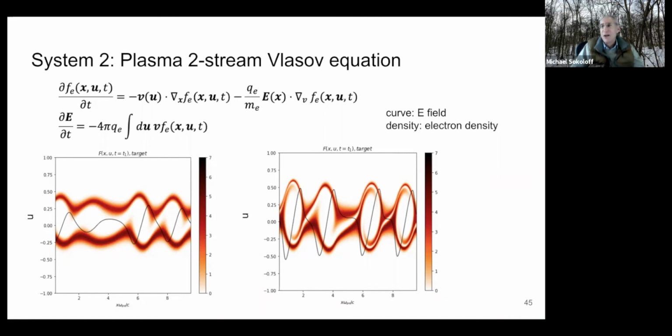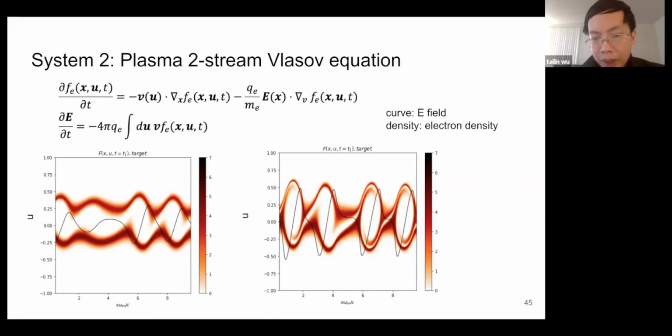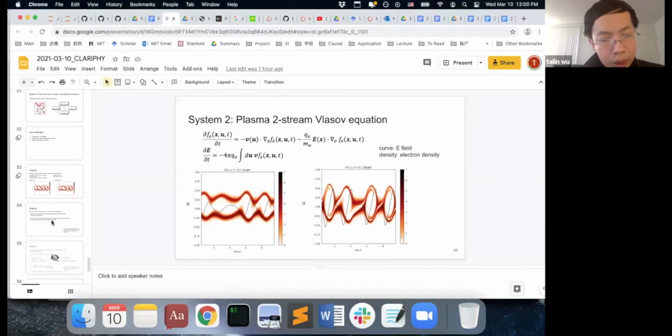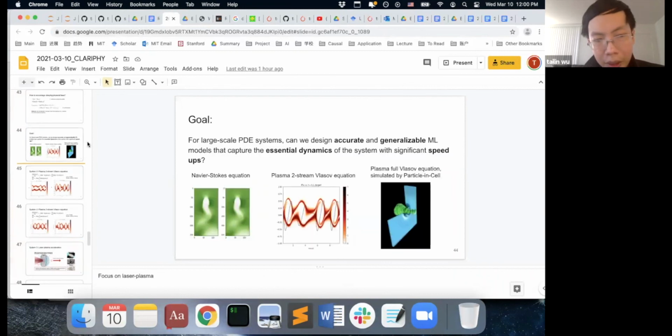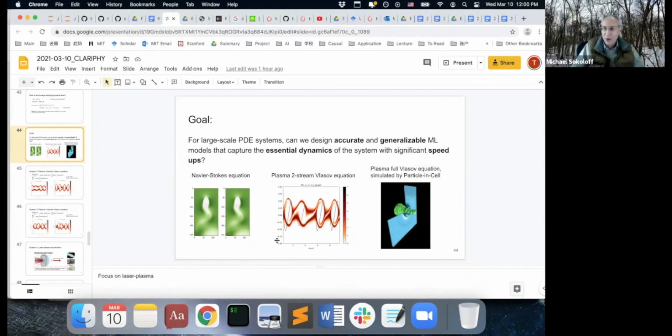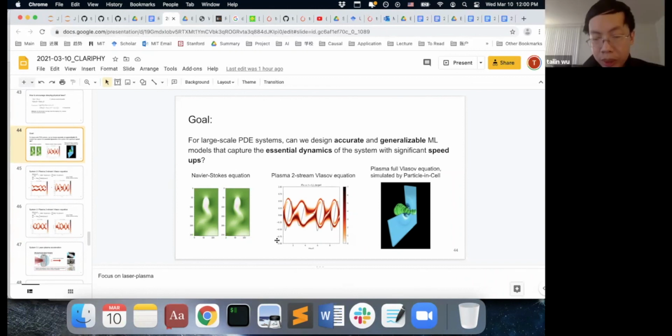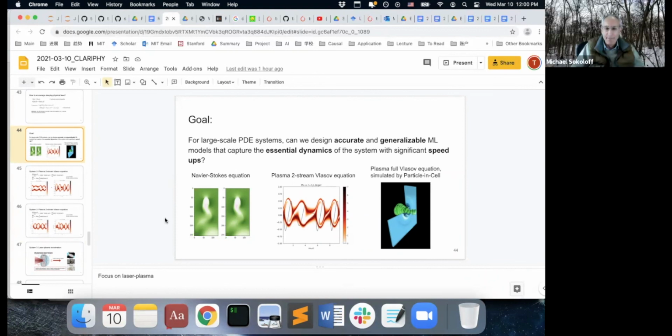Is it a day, a week, a month? Depending on the system, for the Navier-Stokes equation and also the Vlasov equation, it takes one day to train 100 epochs and converge. And that's on a single GPU? Yes, a single GPU. And how long does it take to do the underlying calculations using grid methods, the numerical methods?